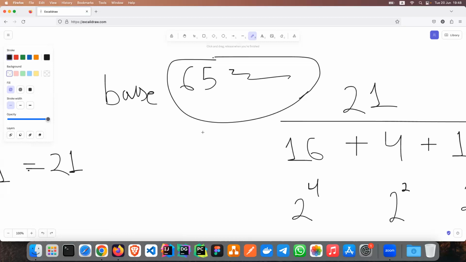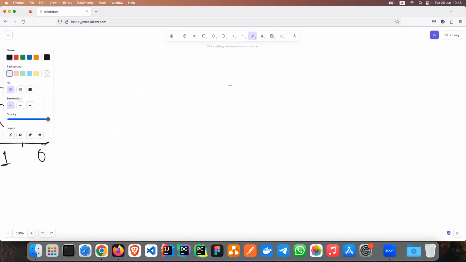The other way to convert from decimal to binary is just to divide by 2. If I want to convert 21 to base 2, I divide it by 2.